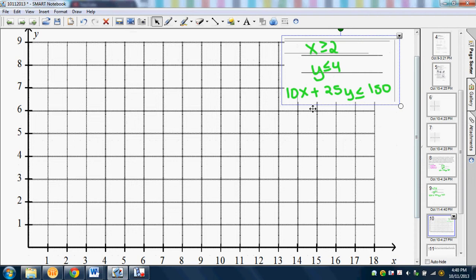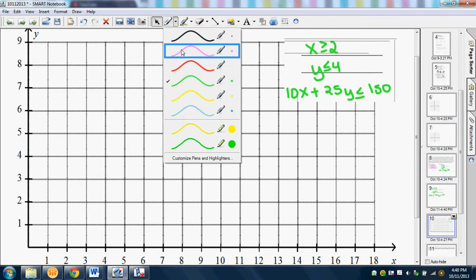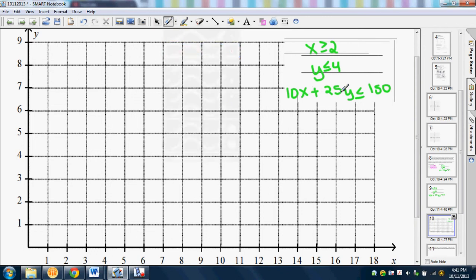And I want you to notice that this bottom inequality, not equation, I'm sorry, is written in standard form. So I can graph it based on the X and the Y intercept. The X-intercept is when Y is 0. So if Y is 0, then X is equal to 15. I'm going to come over here and put a dot at the 15.